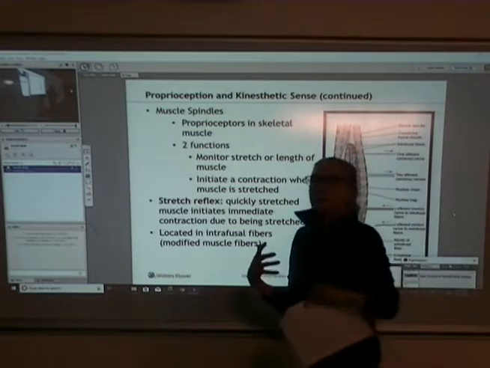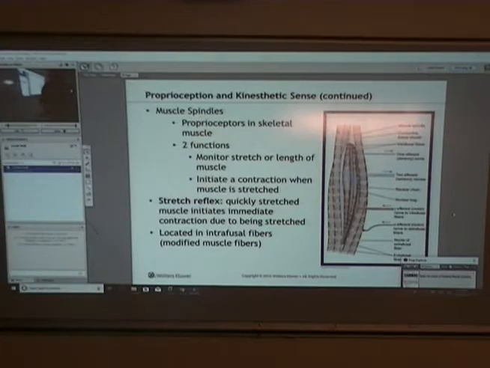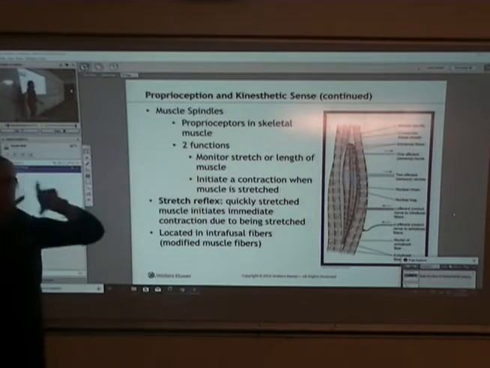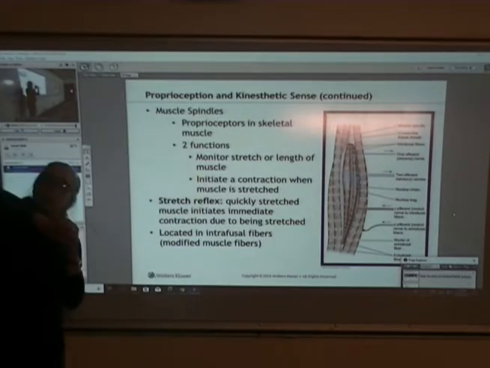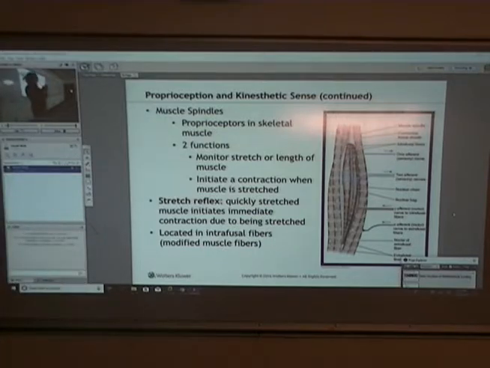When we're in sport, we are very thankful for stretch reflexes, because even though we manage to twist our ankle and do all kinds of things on a regular basis, without a stretch reflex, it would happen way more often, right? So if I slightly turn my ankle, most of the time I don't keep going and end up spraining or breaking my ankle, because as I stretch the muscles on the outside of the ankle, they initiate a contraction that pulls the ankle back in line.